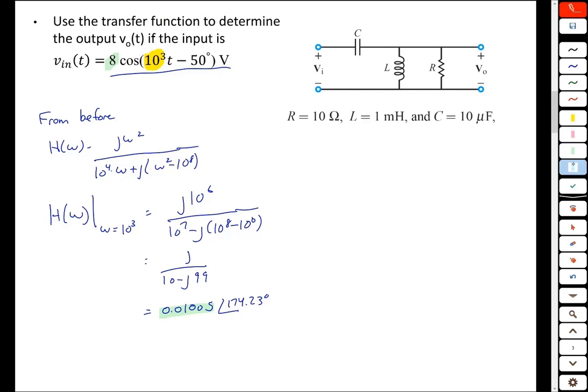magnitude, and this angle will get added to the input angle to give us the output angle.